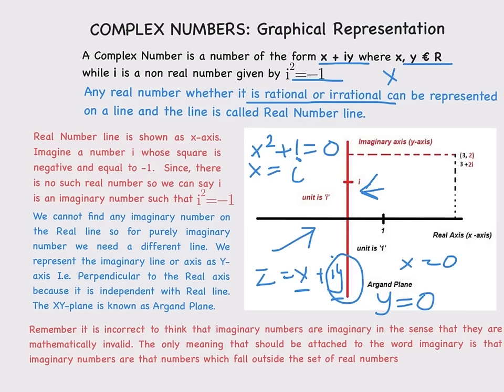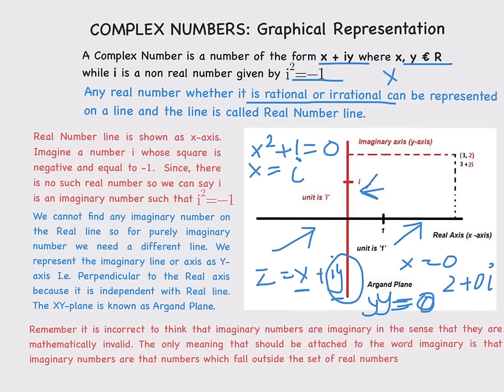And if the imaginary component, that is y is equal to 0, the complex number is purely real and lies on the x-axis. An example is 2. You can write 2 as 2 plus 0i, where the imaginary component is 0 and the real component is 2. It is a purely real number, and so it lies on the x-axis.